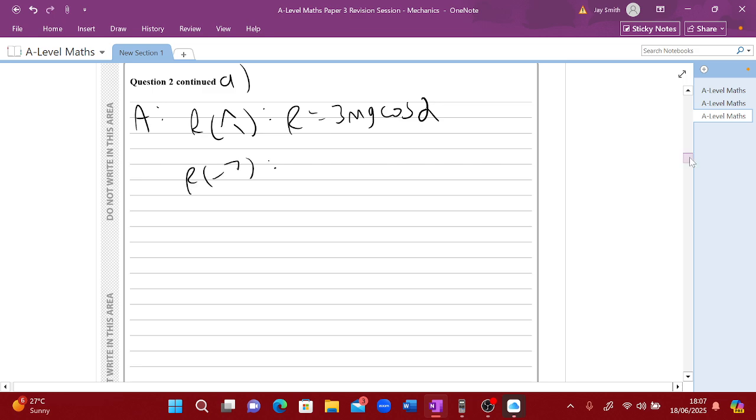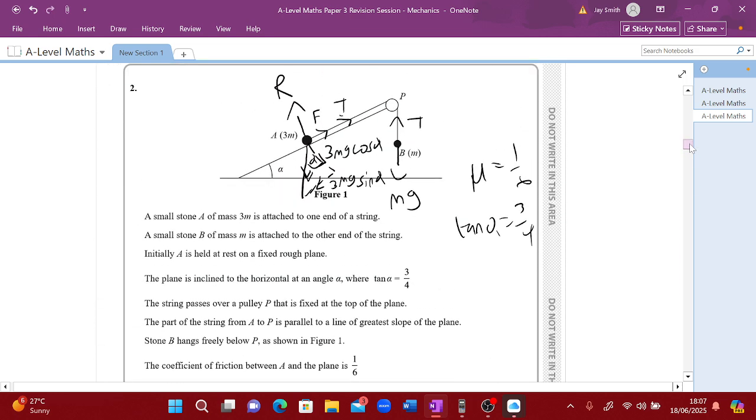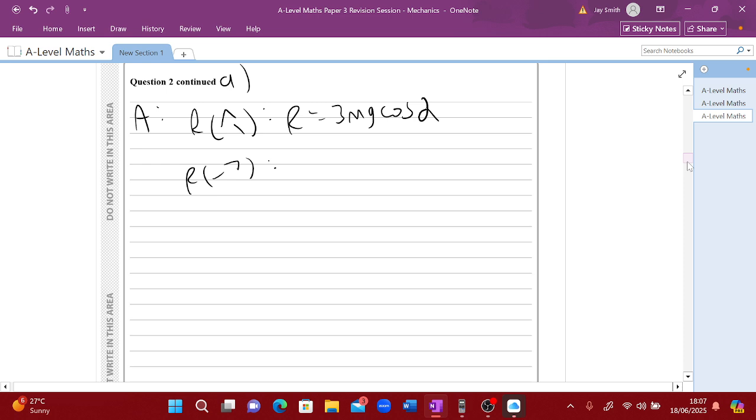And that's going to be, well, F and T are going that way, and then the 3mg sin alpha, the weight parallel, is acting the other way. So F and T minus 3mg sin alpha.